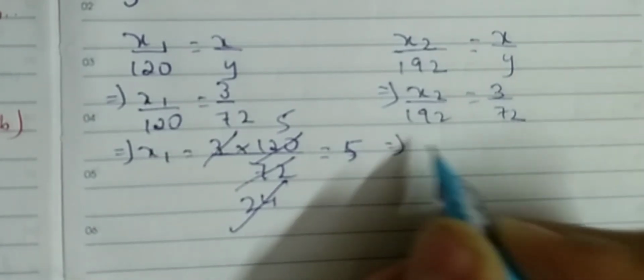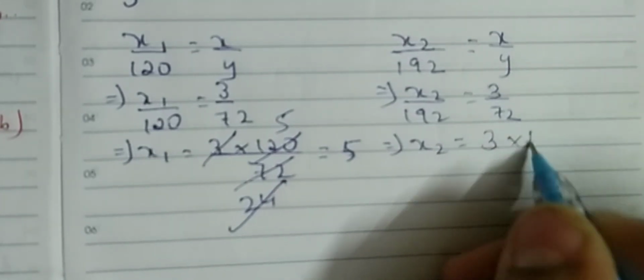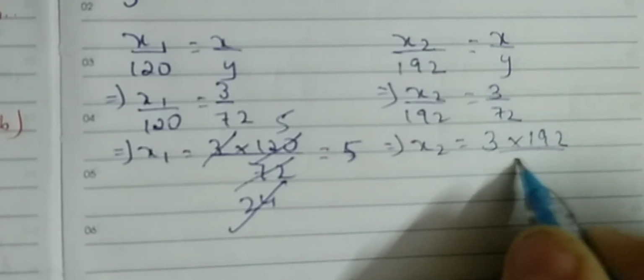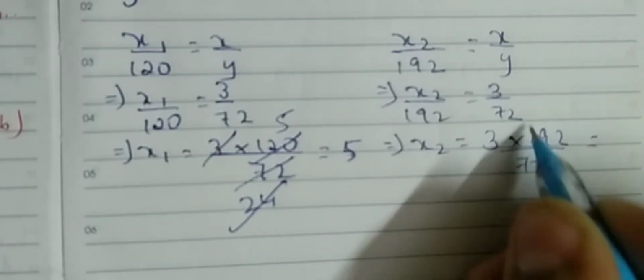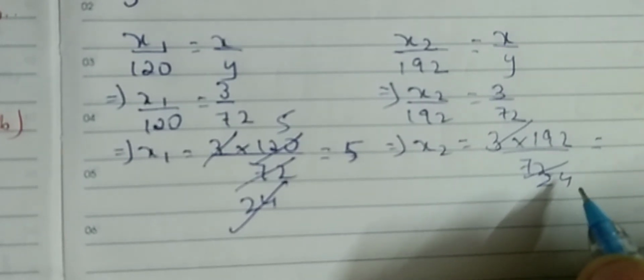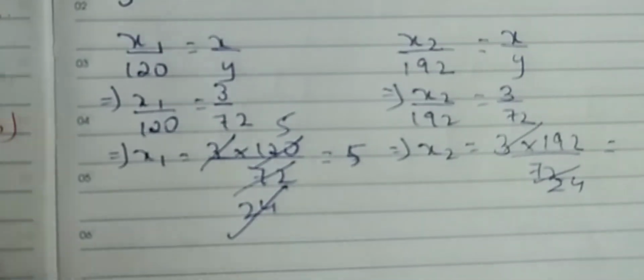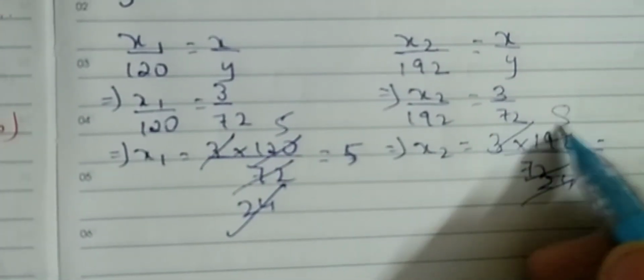That implies x2 will be 3 into 192 upon 72, that is equal to 8. So 24 times 8 is 192. Here it will be 8.